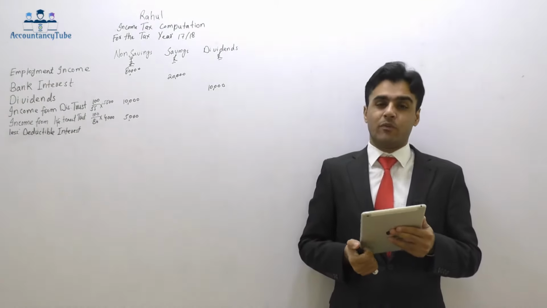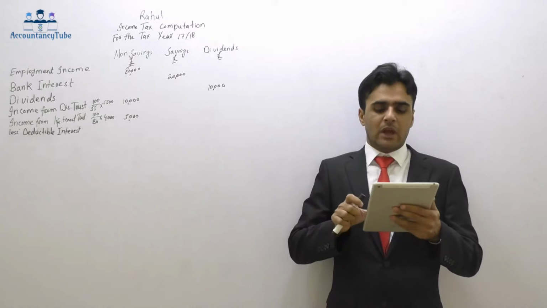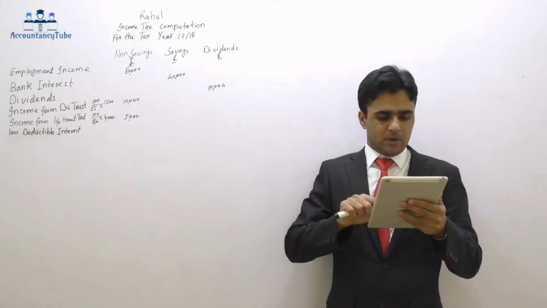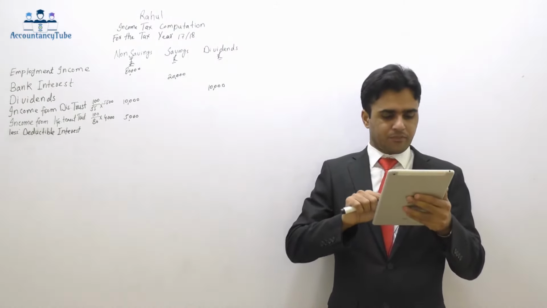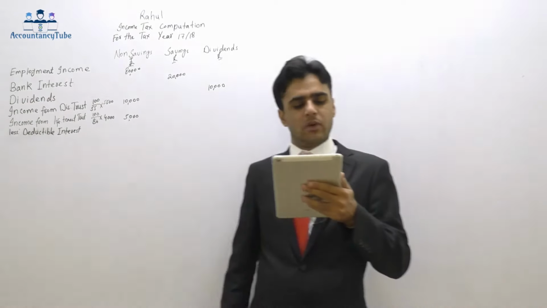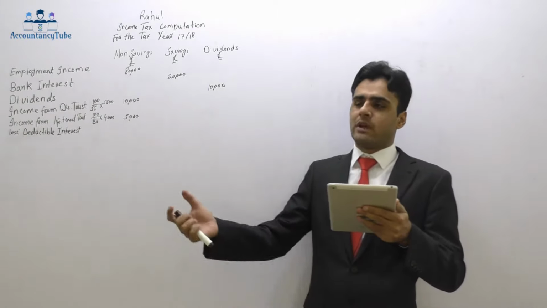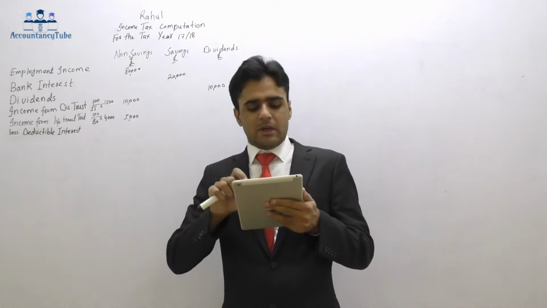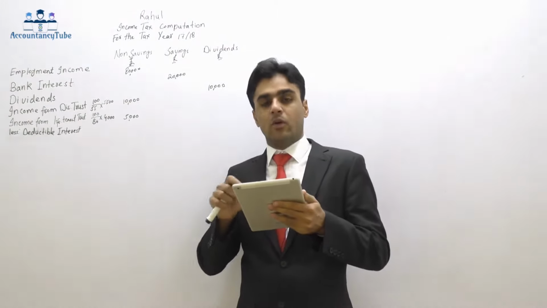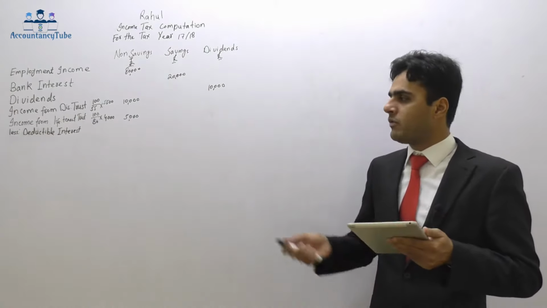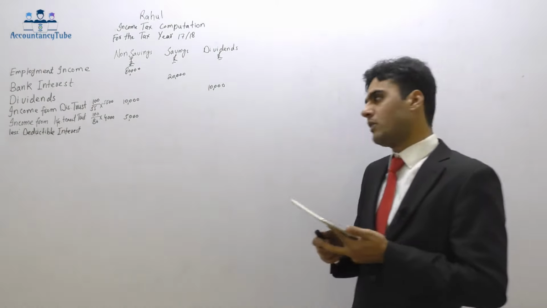Now loan for partnership was one of those reasons. If you move to page number 2 of your lecture notes, in note 2 it says investment in partnership. So whenever you have taken a loan and you have invested in the partnership, that interest paid on that loan is deductible interest. So that's why we'll deduct it out of this total amount.